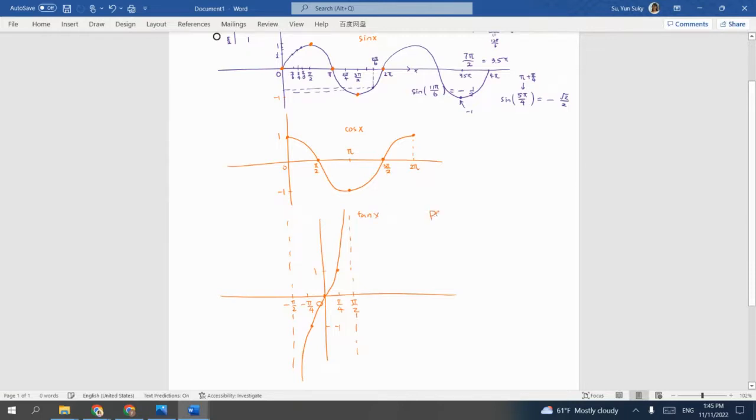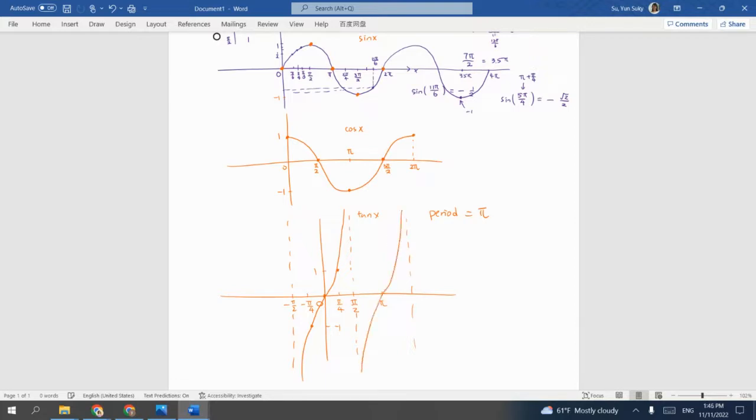And do you see what the period is? What's the difference between pi over 2 and negative pi over 2? Pi, exactly. The period is pi. And therefore, this is pi, and this is 3 pi over 2. You get periodic functions.